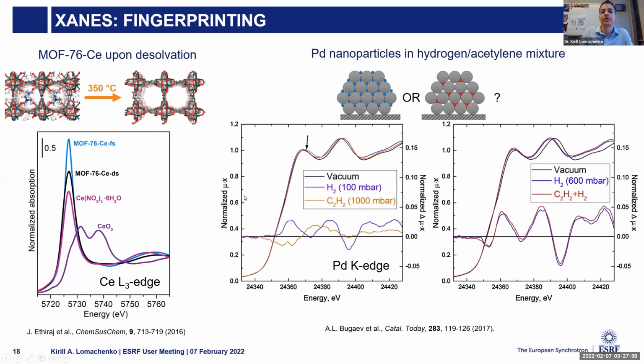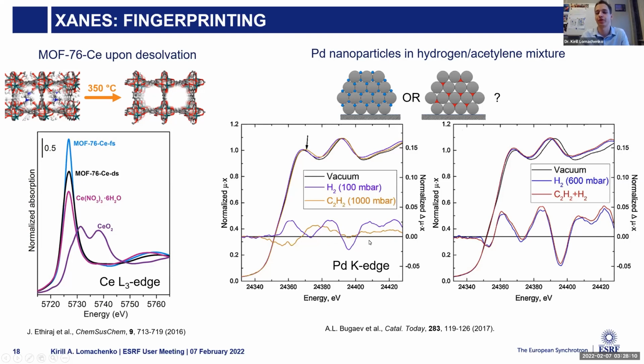Again, we do the same thing. We measure the particles in an atmosphere of pure hydrogen, an atmosphere of pure acetylene, and also in vacuum, when there is nothing, when we just have a metallic palladium. Since the difference in the spectra is not very pronounced, we can also have a look at difference spectra, which is easier to see.